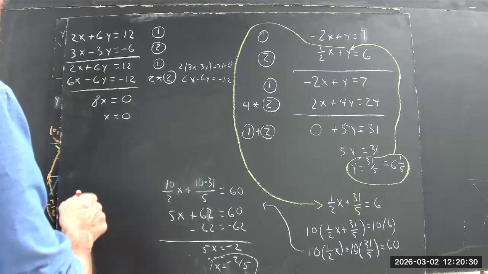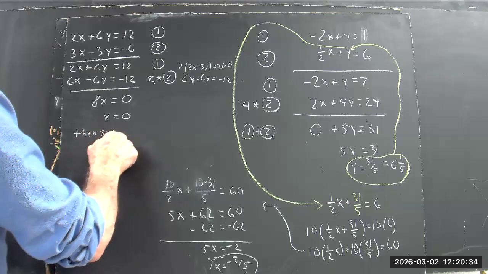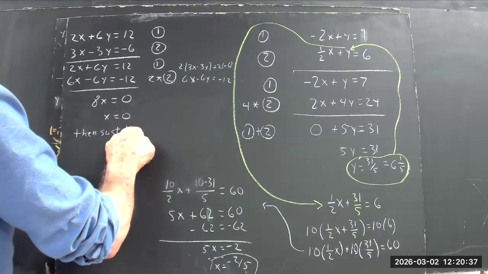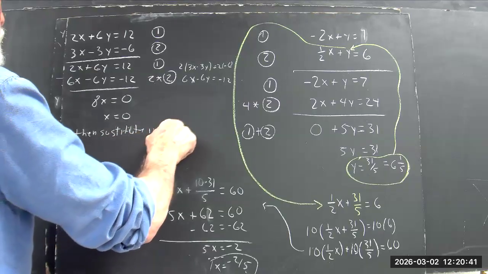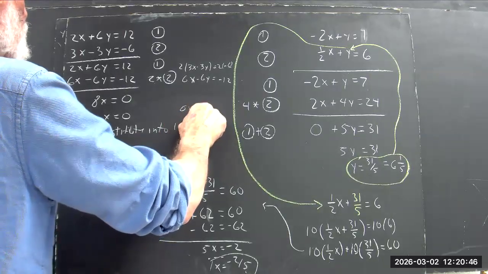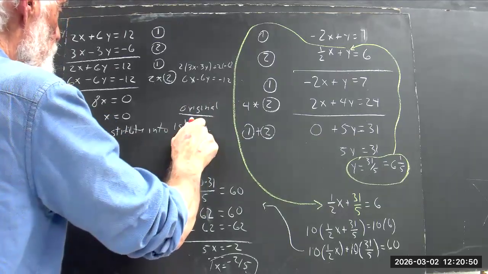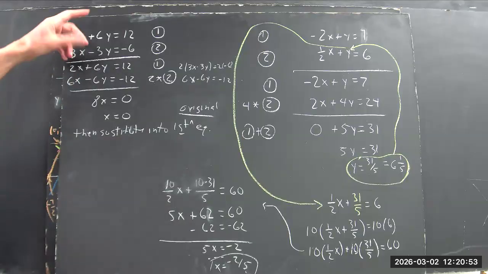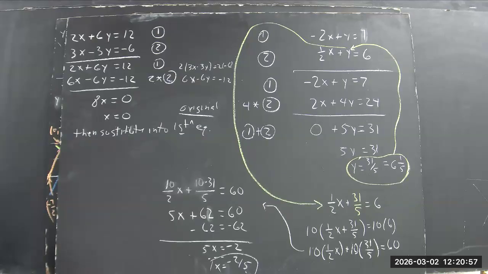Then substitute into the first original equation. Since I've used the same numbers, 1 and 2, in different steps, go back to the original equation.